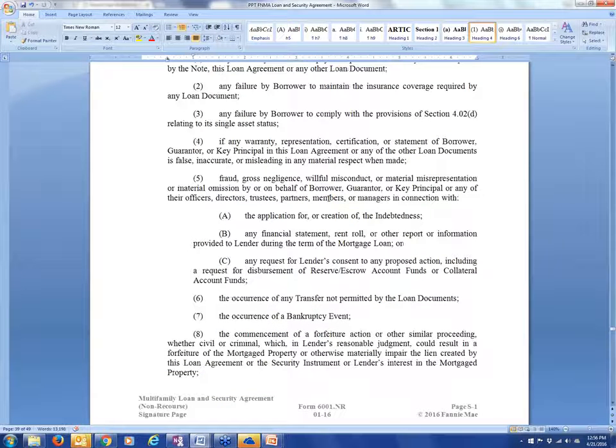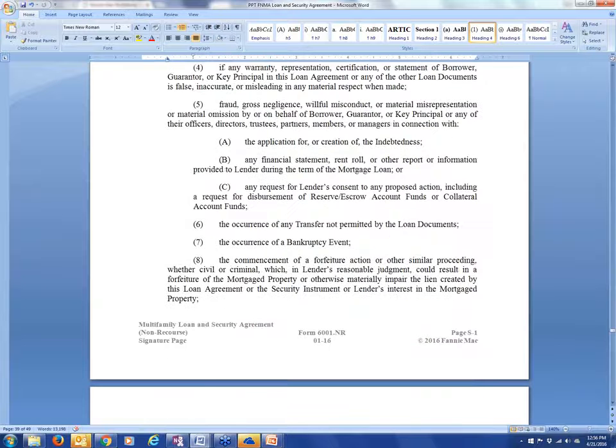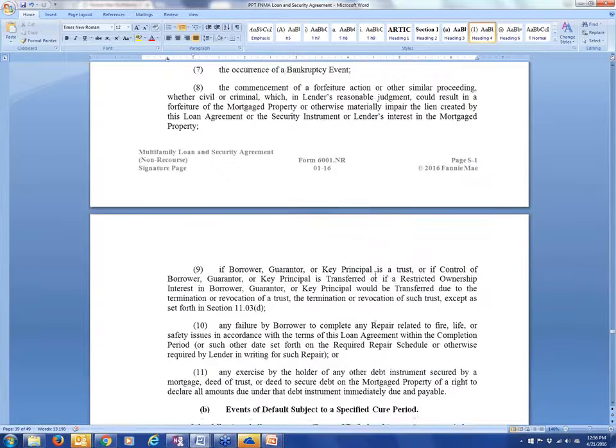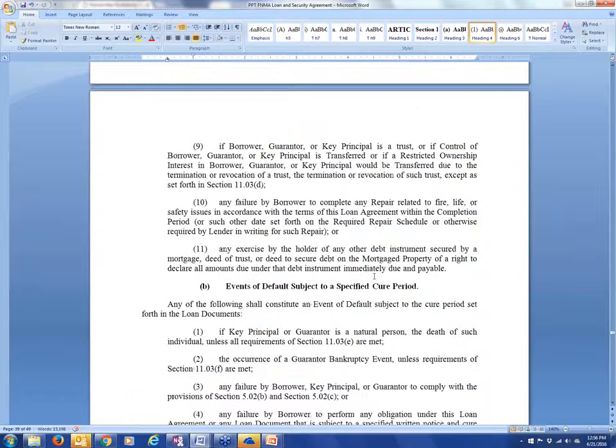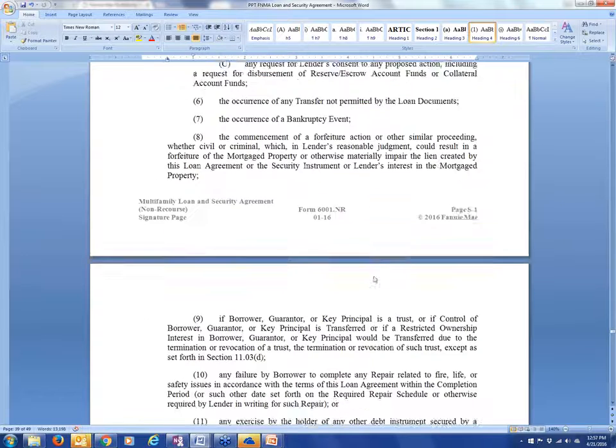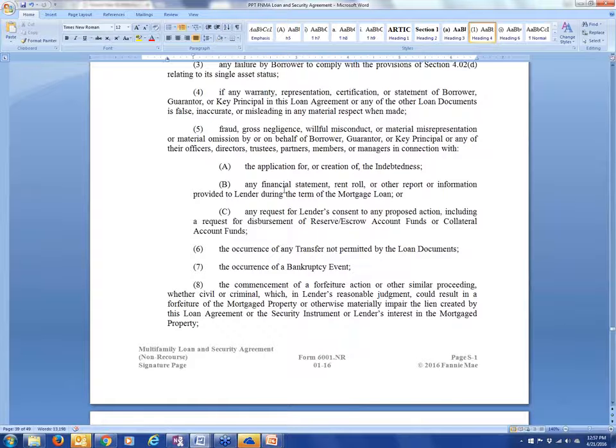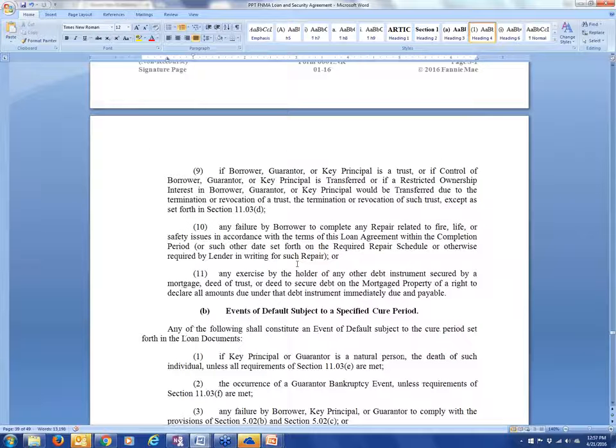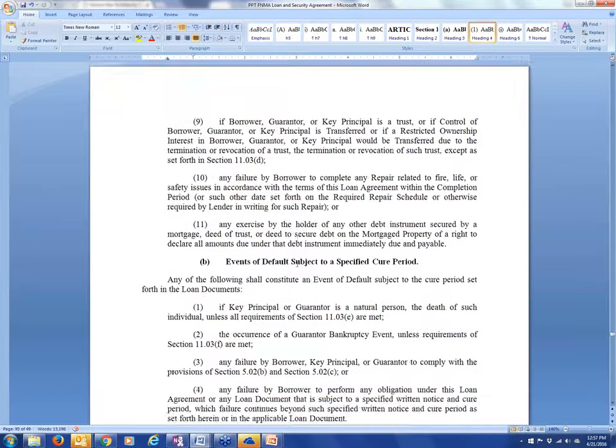Fraud, negligence, commencement of a forfeiture action or other similar proceedings. It goes on and on. 11 different events of default and some with subsections. These documents will be on the group coaching call, and you can go through each of them. You have to understand what the events of default are.